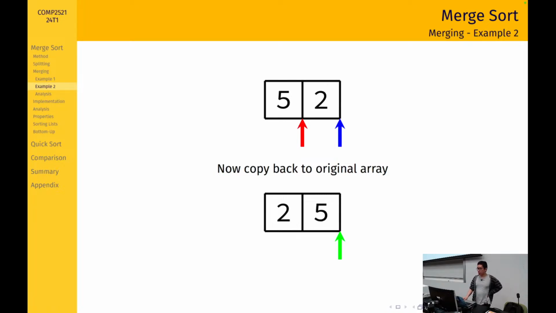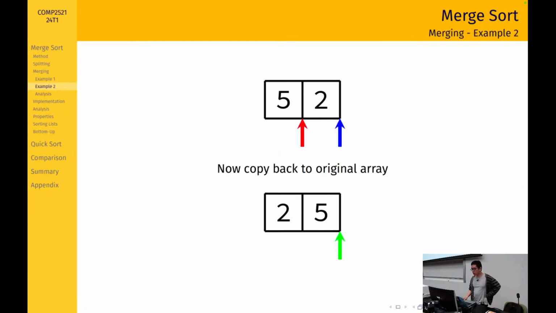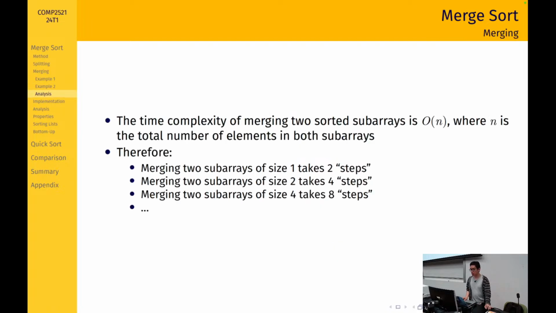Now to analyze merge sort, well, not merge sort, but the merging process, if we have two sorted subarrays and the total number of elements is n, what is going to be the time complexity? So it turns out the time complexity is going to be big O of n, where n is the total number of elements in both subarrays.